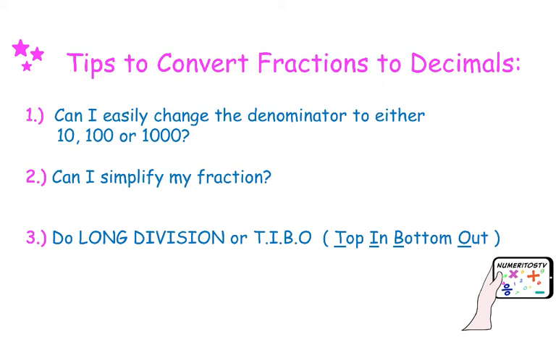If you cannot simplify your fraction, there is no option but to do long division. And if you are not allowed to use the calculator, remember the multiples of the divisor are going to be very useful if you have them visible. And remember this acronym, TIBO, top in, bottom out, so you position those numbers correctly in your long division.